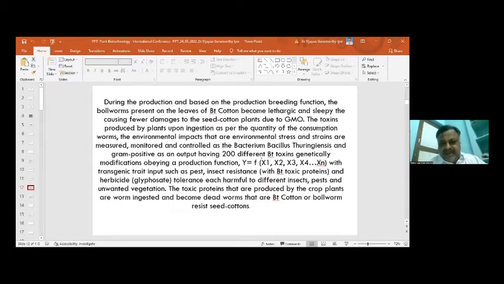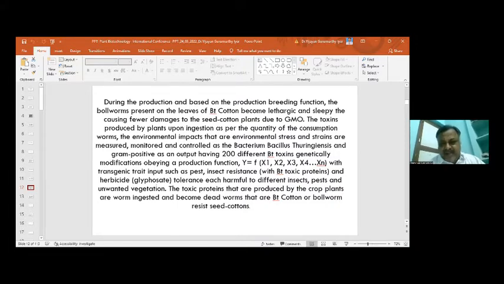So by means of these genetically modified Bt toxins, 200 varieties have been investigated, with inputs such as pest and insect resistance, Bt toxic proteins and herbicides, each harmful to different insects and pests.